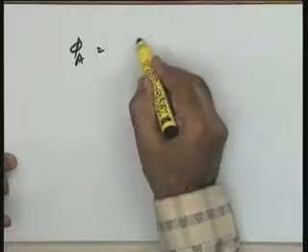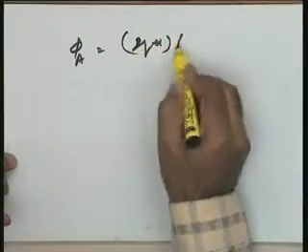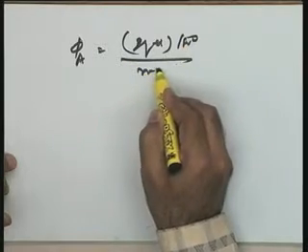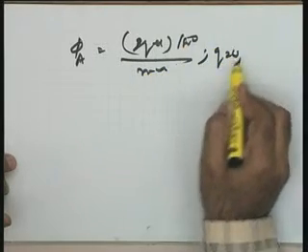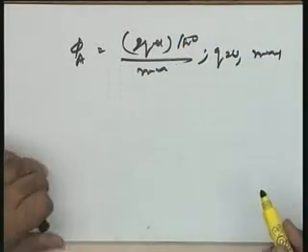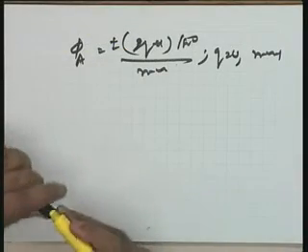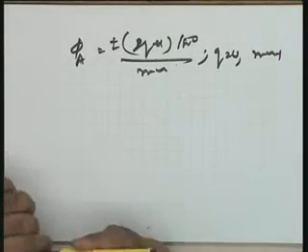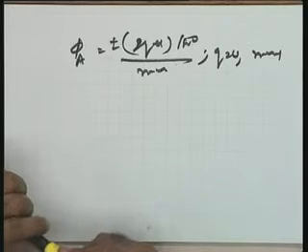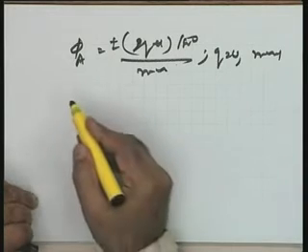Phi a equals (2q plus 1) times 180 degrees over n minus m, q equal to 0 to n minus m minus 1. So, application of this formula will give you 45, 135, 225, 315. Okay?